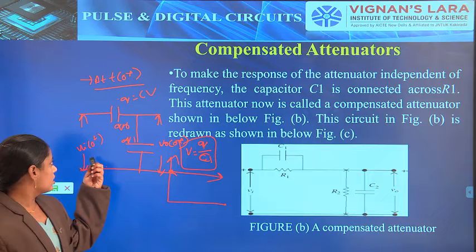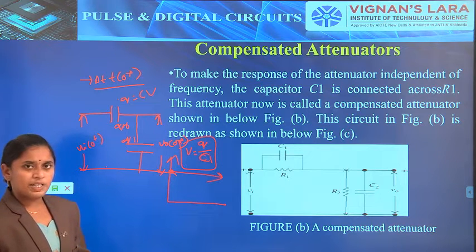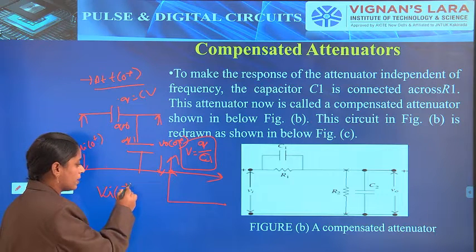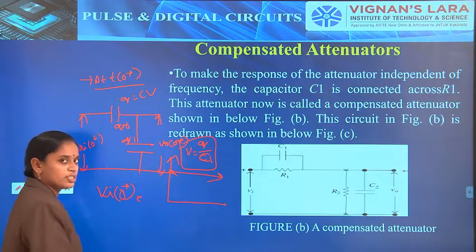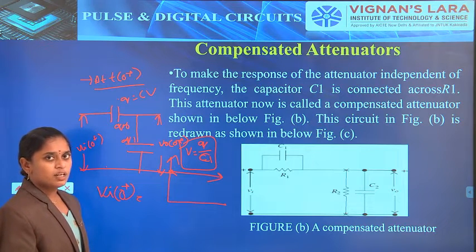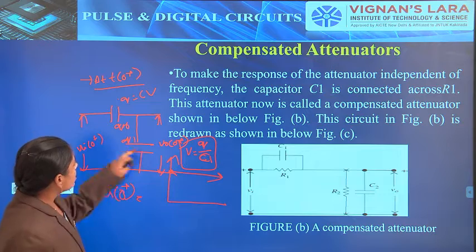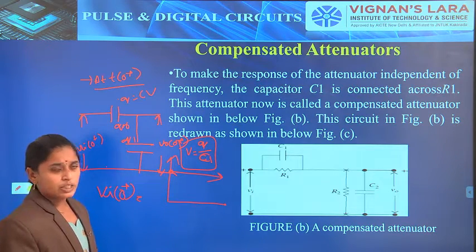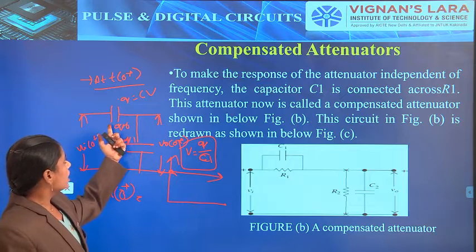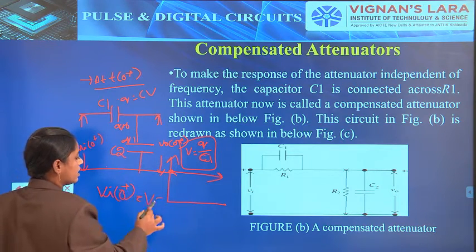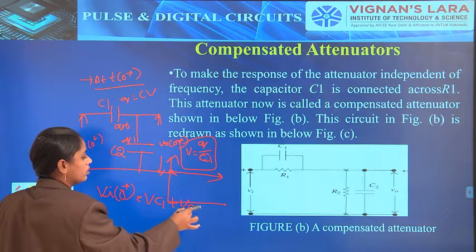Our input is Vi of 0 plus, nothing but a step input given to the circuit, that is the initial condition. From the equation V is equal to Q by C1, we know that the voltage across the capacitors is Vc1 plus Vc2.